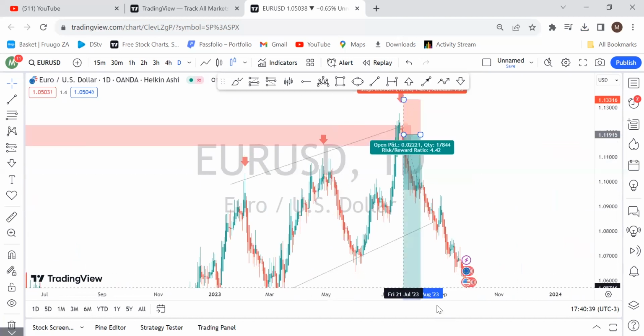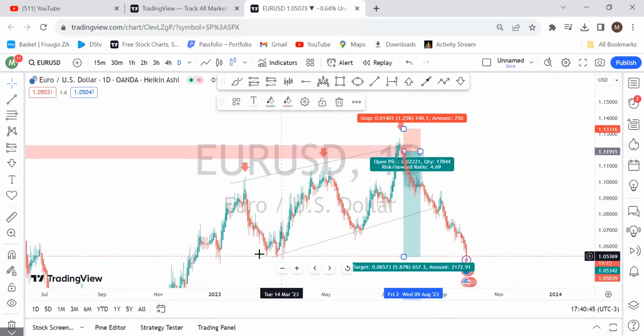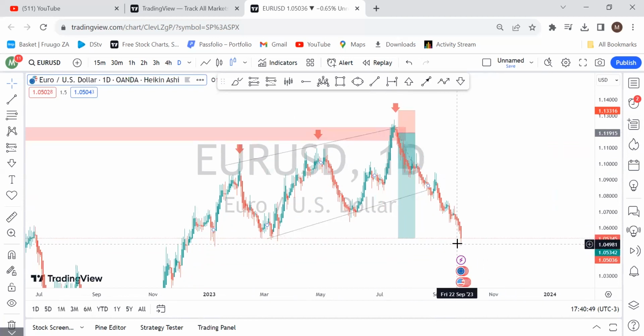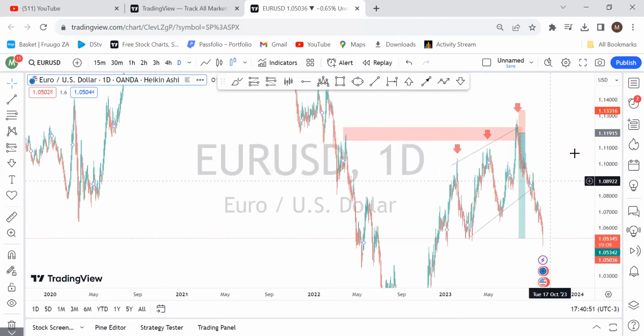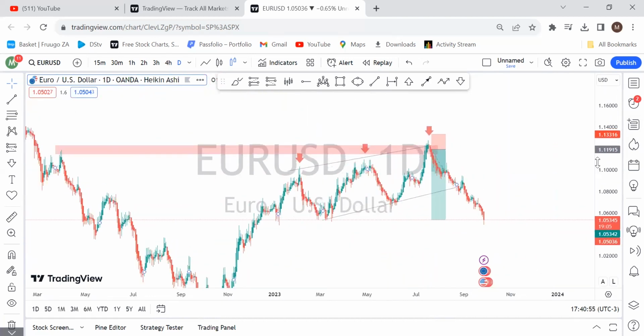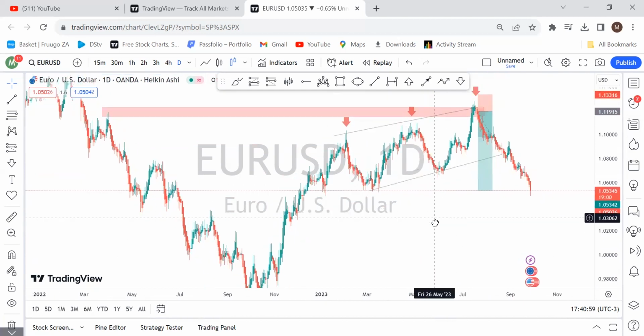Just like that, all the way to the 90% rule, which is this point. We reached, and it seems like the price is kind of rejecting from it. So this is the setup that we have with Euro USD.